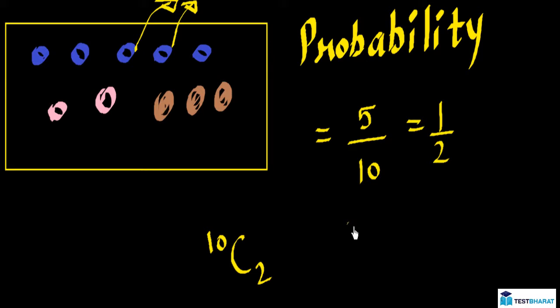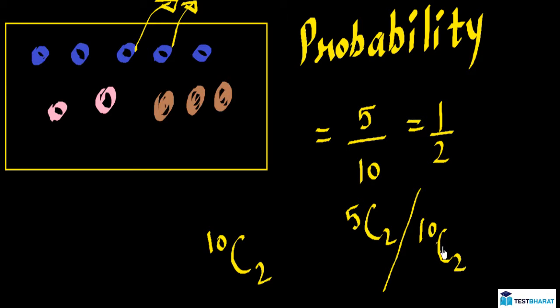Now if I ask you to calculate the probability of getting 2 blue marbles, the marbles should be only blue, not pink or brown. So the probability will be 5C2, because I need to get 2 marbles from these 5 only, divided by, now I won't divide by 10, I just replace 5 with 5C2 and 10 with 10C2, because this is the number of ways of choosing any 2 marbles.